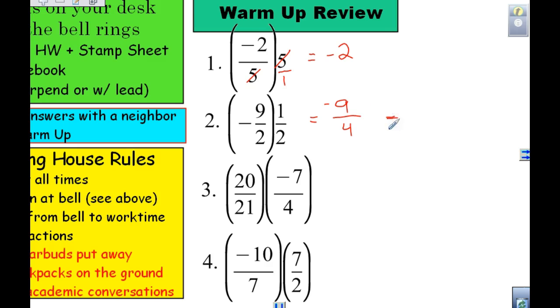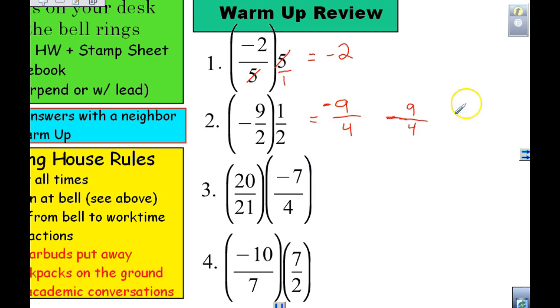You go negative, and then you go 9/4, and every now and then this just gets blended in, and that will look like a positive 9/4 because the negative and the fraction bar are not connected. So if you put the negative on the top always, that will never happen.